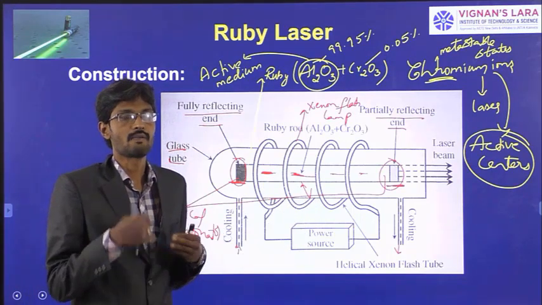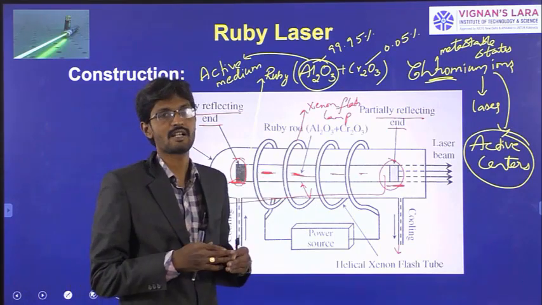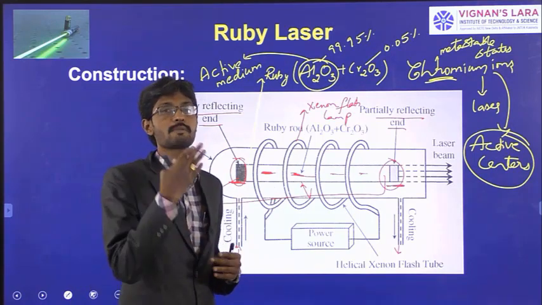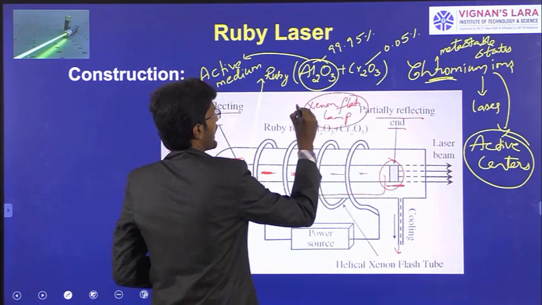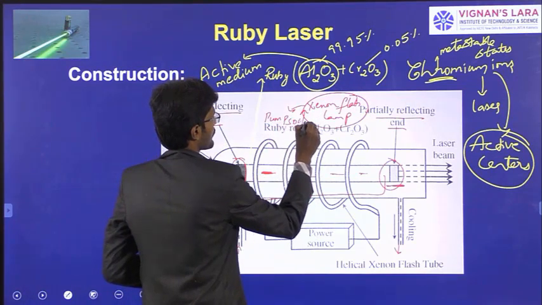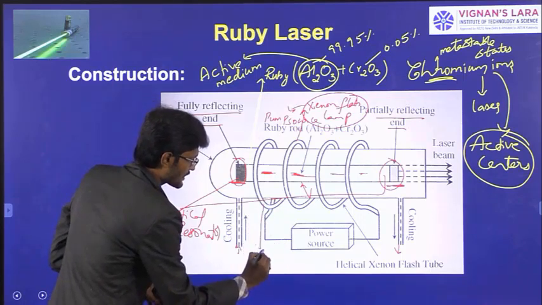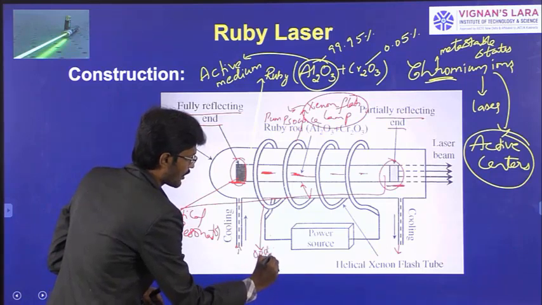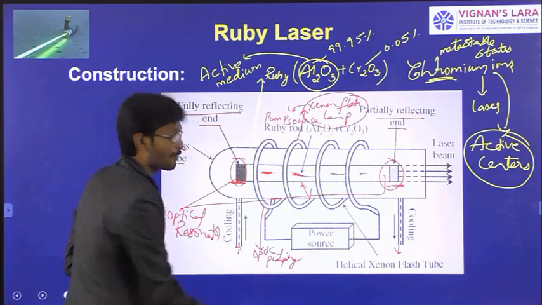That means whatever energy is emitted by the flash lamp is absorbed by the ruby rod to attain population inversion. The xenon flash lamp acts as the pump source, so this pumping method is called optical pumping.